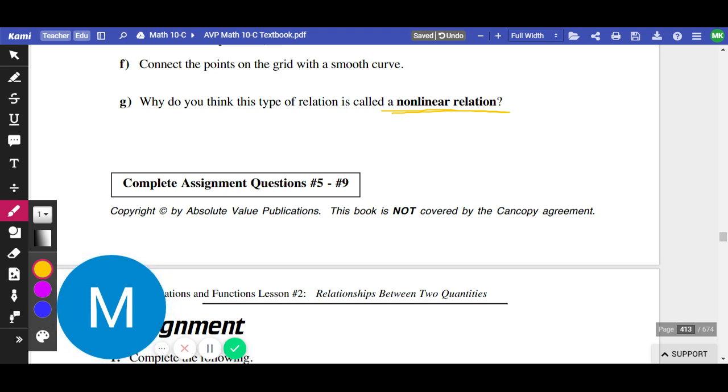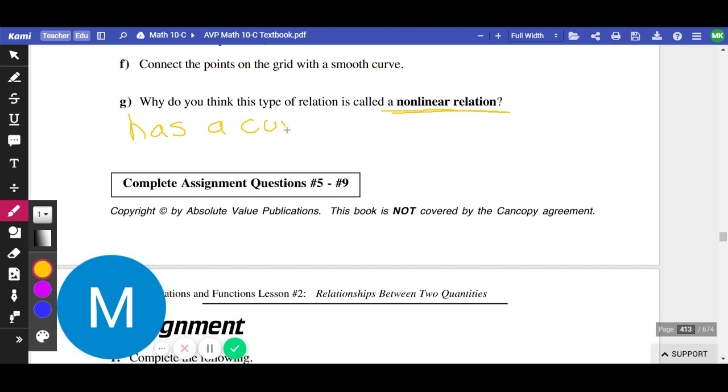Looking at the equation, we know it's a nonlinear equation because it has a degree of 2, meaning that the highest exponent was 2. Right? When you're looking at an equation, linear equations have a highest exponent of 1. All we need to know for now is it has a curve.